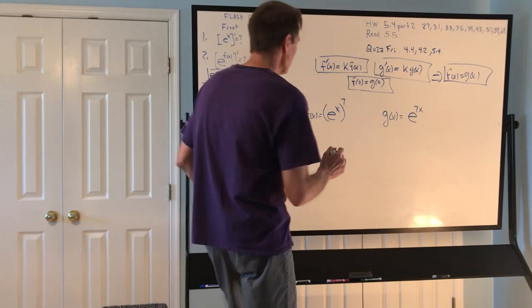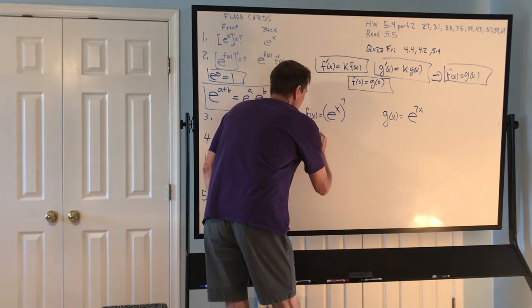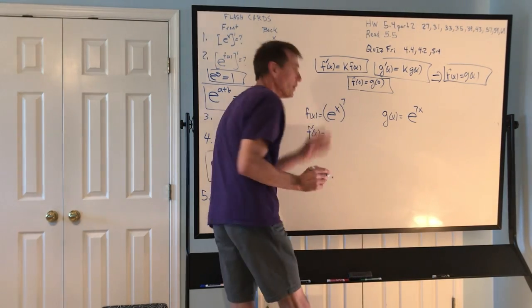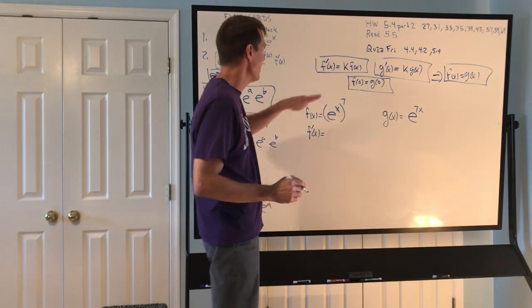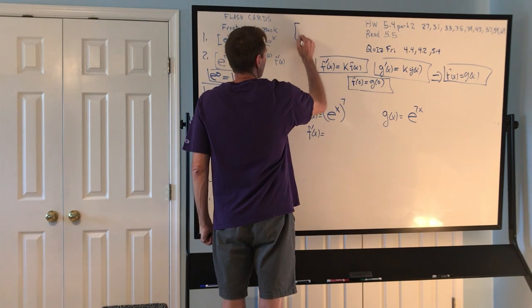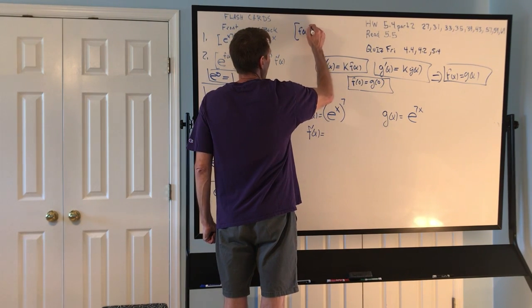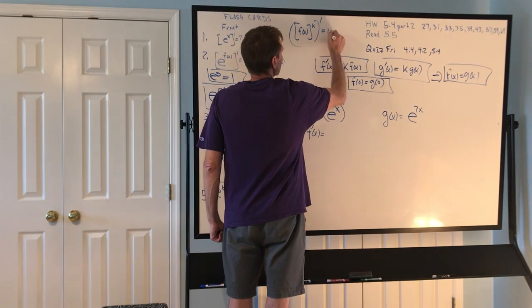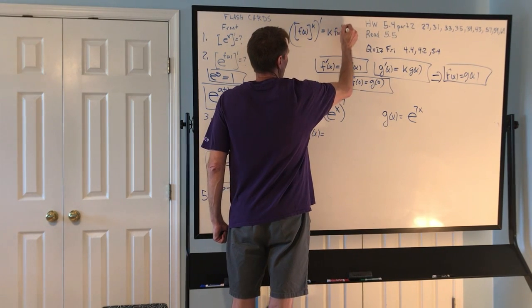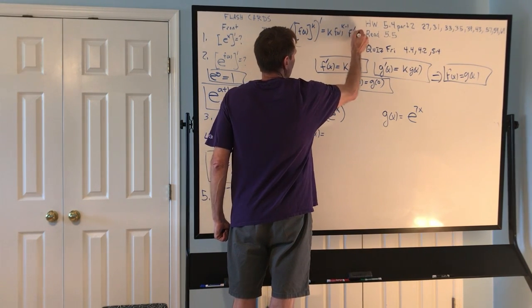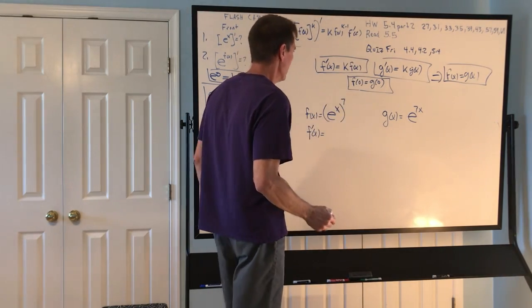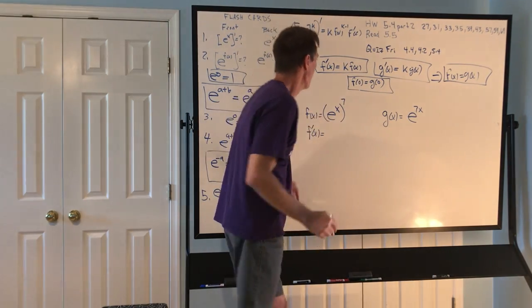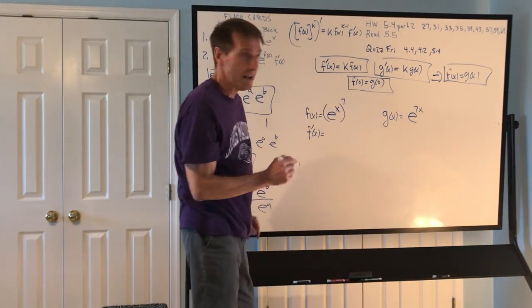Now I want you to notice f prime of x, here we got to use the power rule. Remember this flashcard. The derivative of anything raised to the k is k times f of x to the k minus 1 times f prime of x. So if I'm looking here, this is like my k, that's my 7.